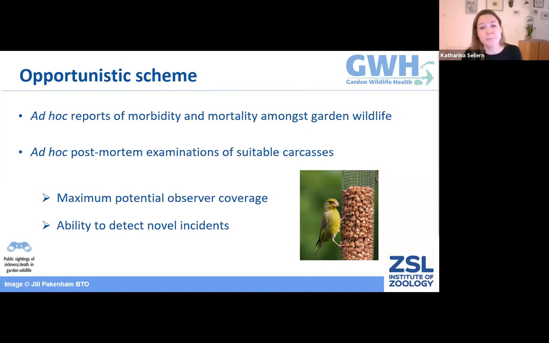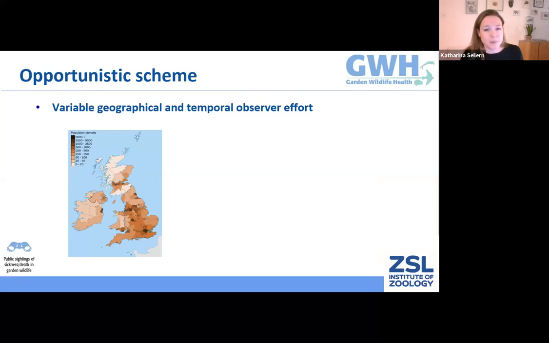For example, there is a potential bias associated with observer effort, meaning that you will likely receive more reports from areas with a denser population or more gardens.